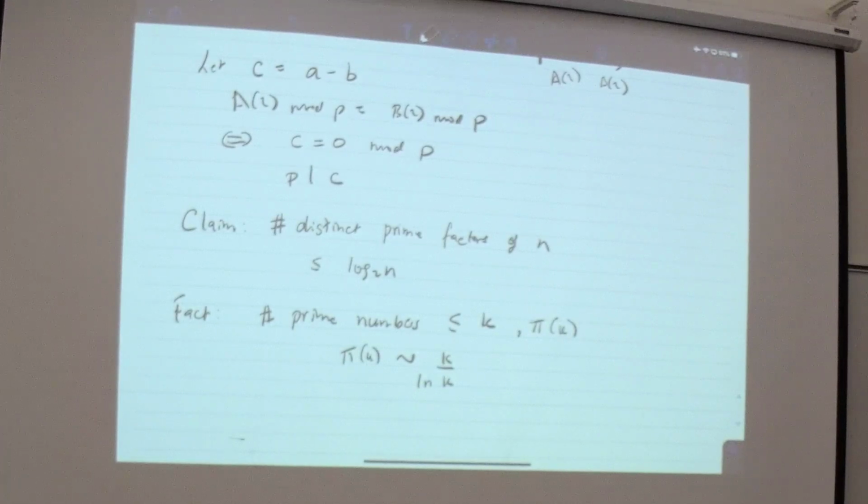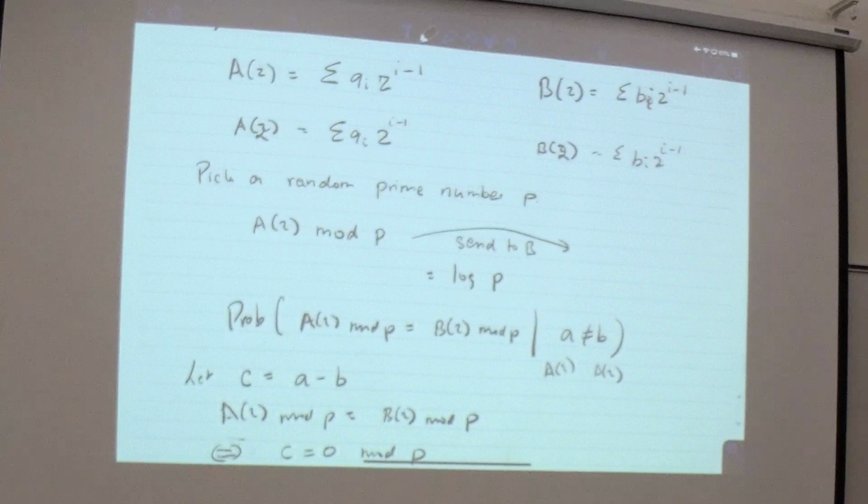Let me ask you the first question. What is the range of values of A(2) and B(2)? How big can A(2) be? Remember what A(2) was: the sum of a_i times 2 to the i minus 1, for n bits.